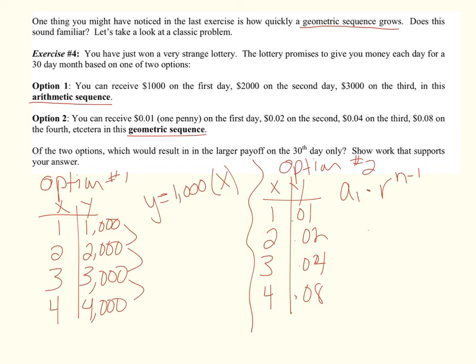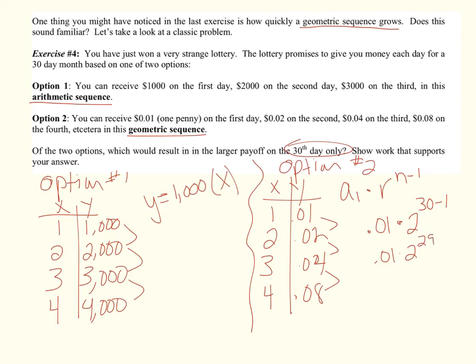My a sub 1 is 0.01 times my rate, and we talked about that my rate is doubling, so times 2 raised to the 30 minus 1, because I'm talking about the 30th day, right? So 0.01 times 2 raised to the 29th power.